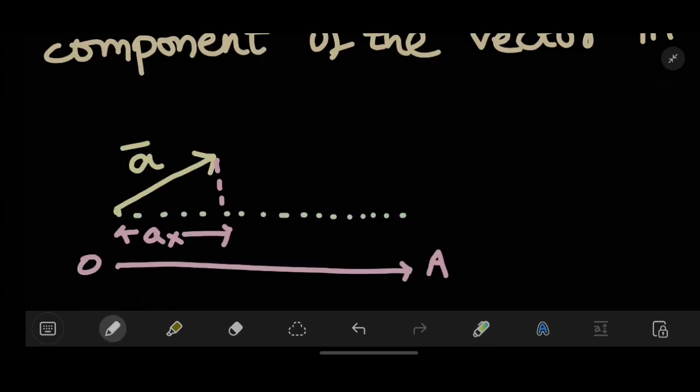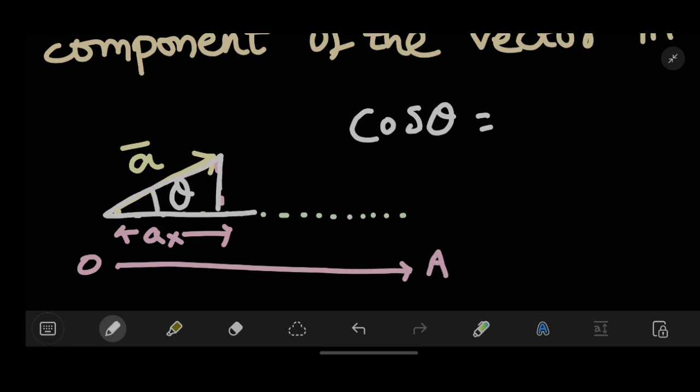Now for this one, if this angle is theta, then we can write what is ax in terms of a. First consider cos theta. Cos theta is nothing but what? Whenever we are talking about angles, think of a right angle triangle like this. Cos theta is adjacent by hypotenuse, right?